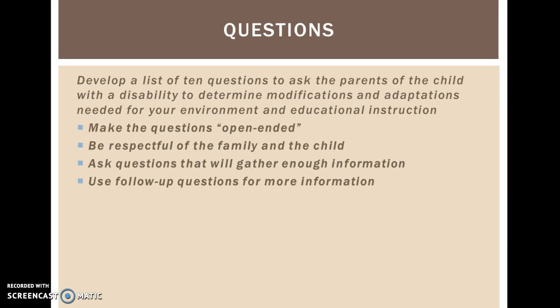And then you also want to make sure that you can use follow-up questions for more information. So if you ask the open-ended question, for instance, tell me about your child's disability, you might have to ask a couple extra questions in there to get maybe a little bit more clarity for what you want. Okay, so think about your need too.